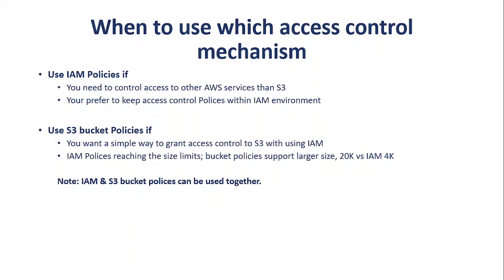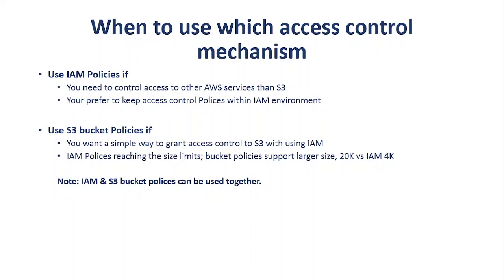Use S3 bucket policies when you want a simple way to grant access to S3 without using IAM. Basically, you just want to control it through S3. The other case, which I think is genuine, is when IAM policies are reaching the size limit. IAM policies are JSON documents, and they have a limit: IAM policies can be only 4 KB.